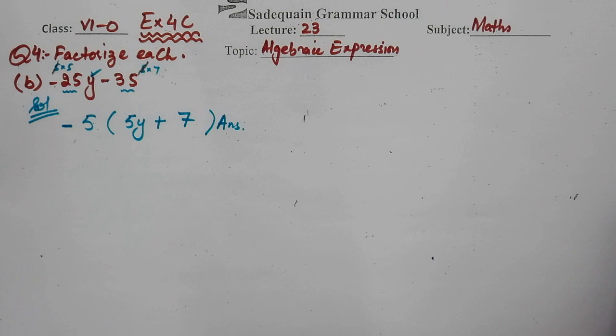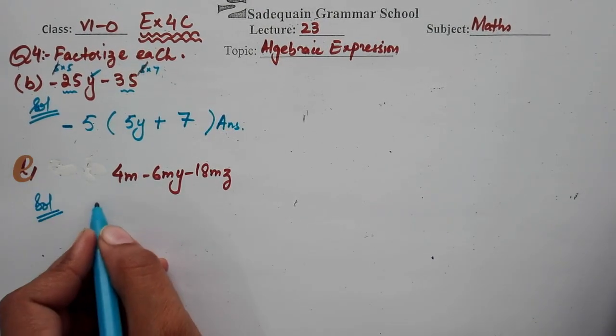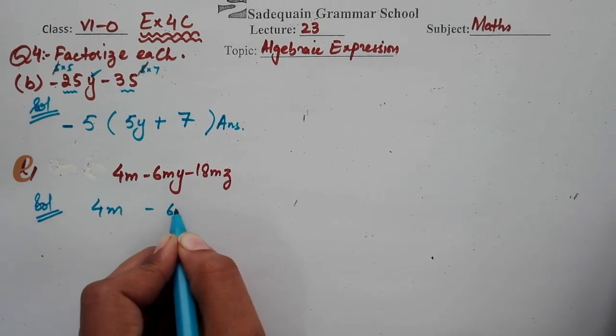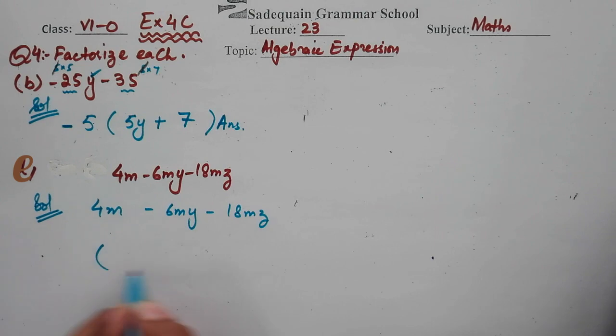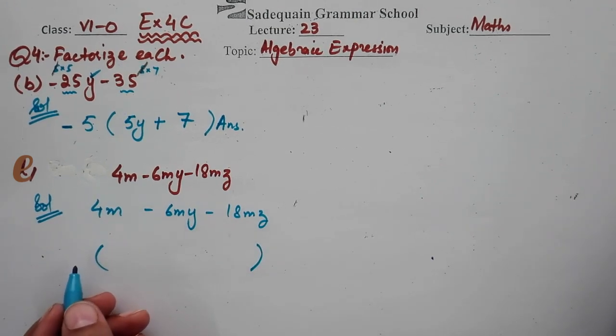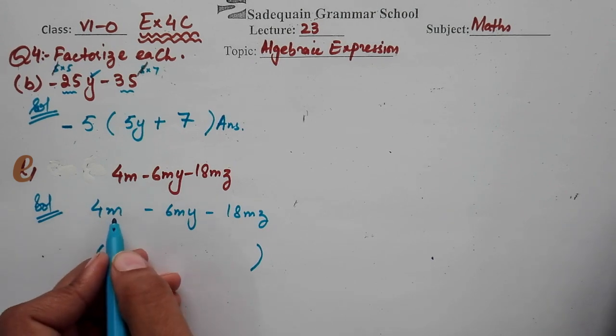Okay, let's do the other part from the same question. So let's start the solution for part D. Part D is 4m minus 6my minus 18mz. Now first we will see which things we can take as common. Let's talk about the variable first. Here we have m.